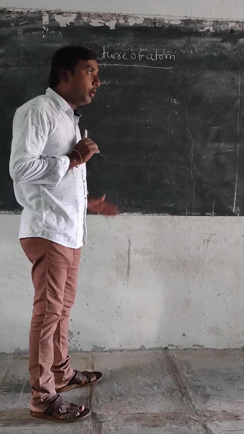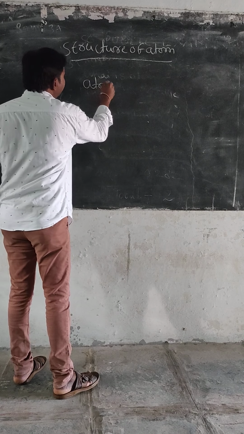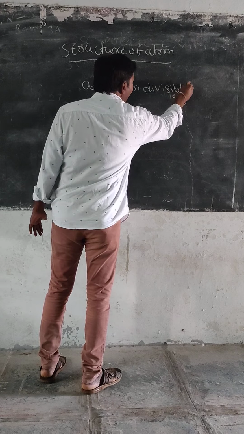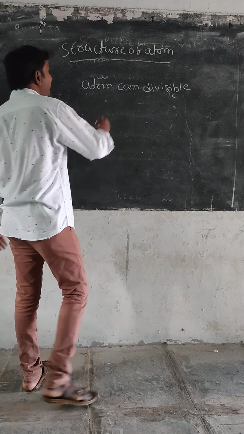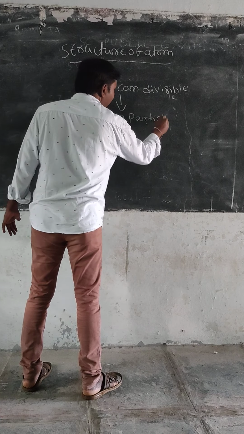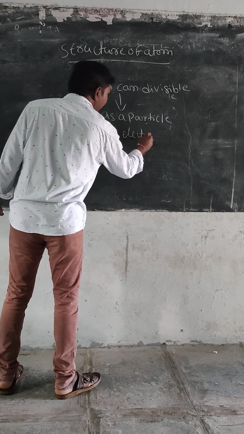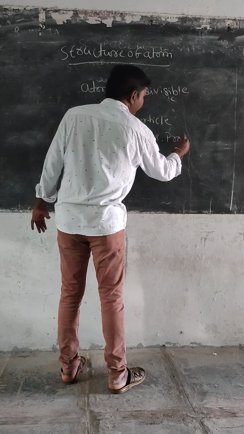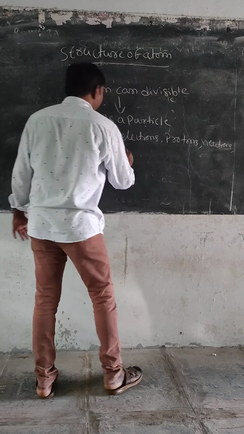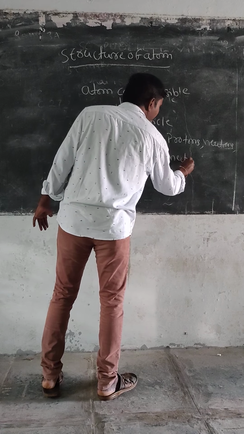Finally, they did experiments on the atom and explained that the atom can be divided into particles, like electrons, protons, neutrons, positrons and neutrinos.